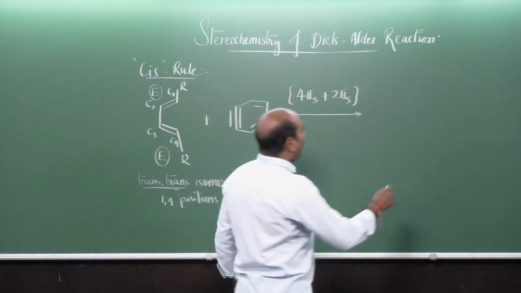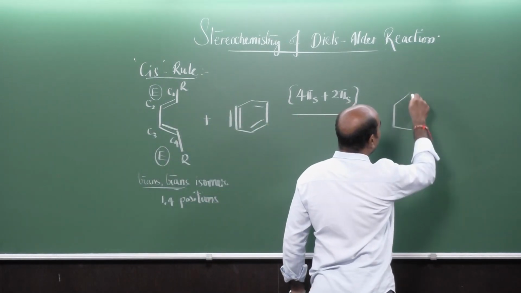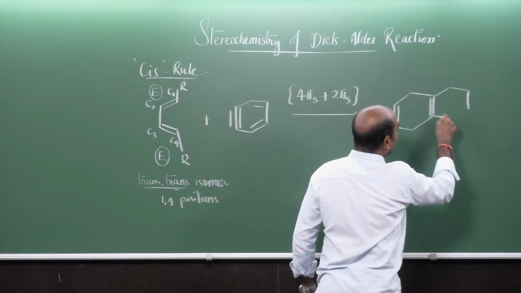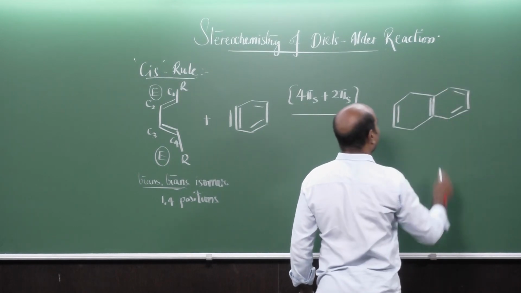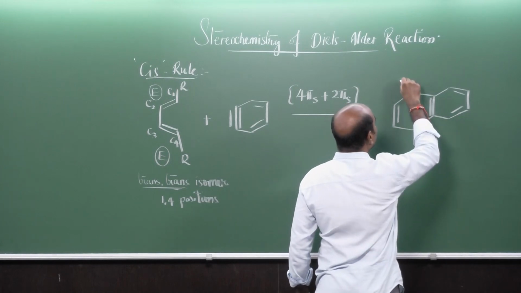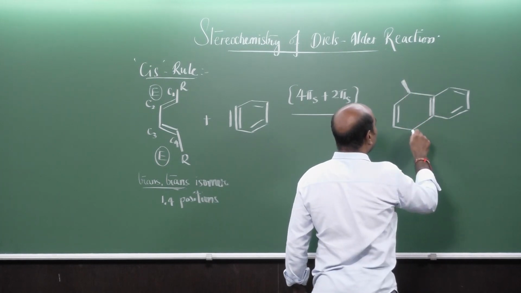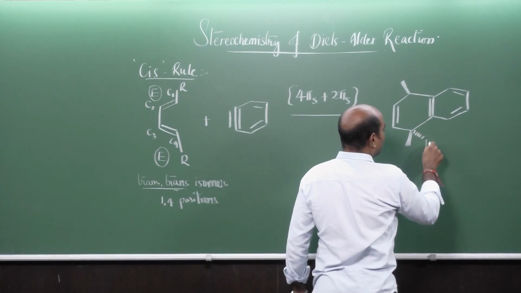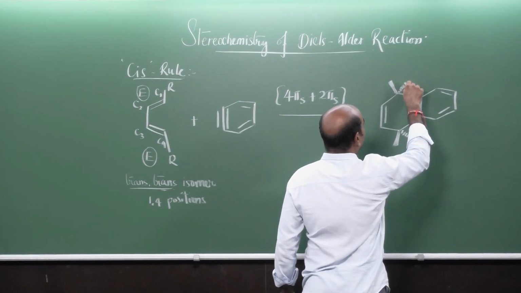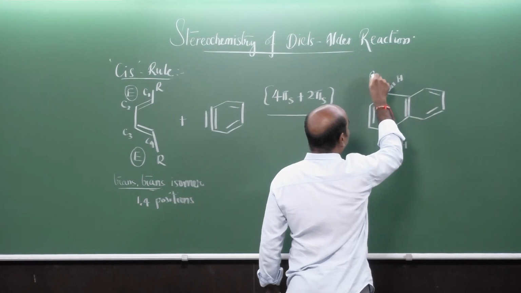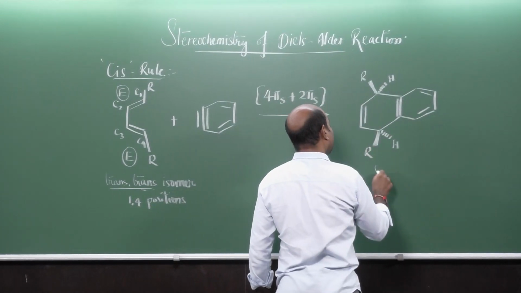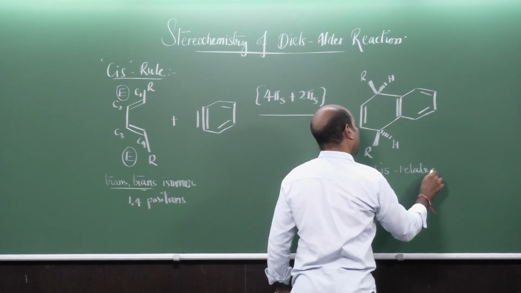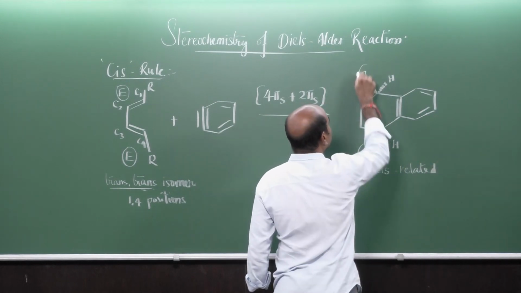Now, in the cyclic adduct formed from the reaction between this diene and the dienophile, if you consider the stereochemistry at the 1 and 4 carbon atoms of the diene, what you will observe is that both the R groups are cis related to each other.